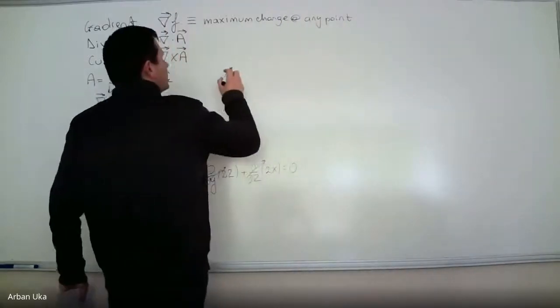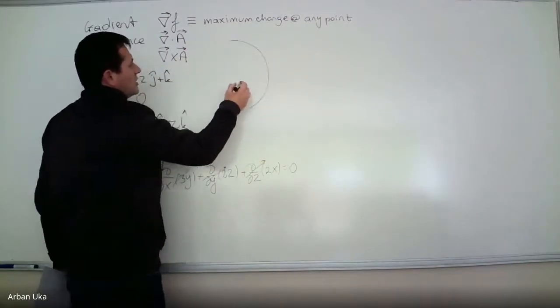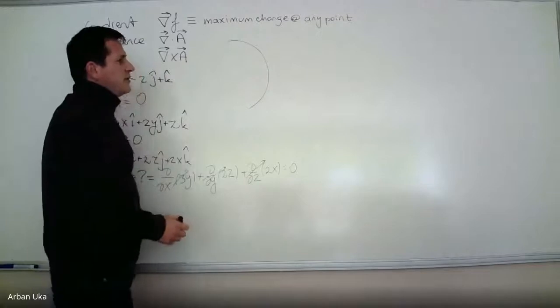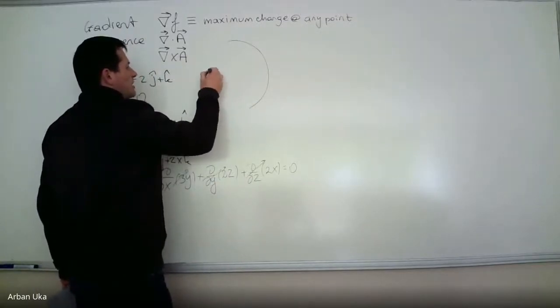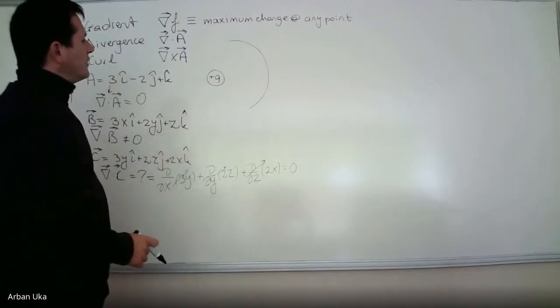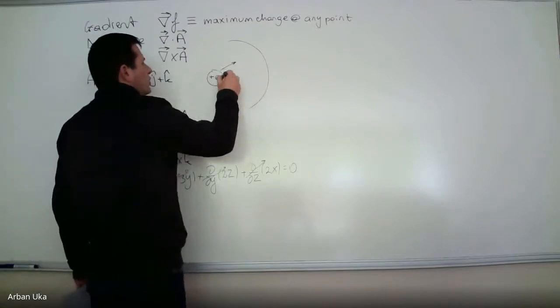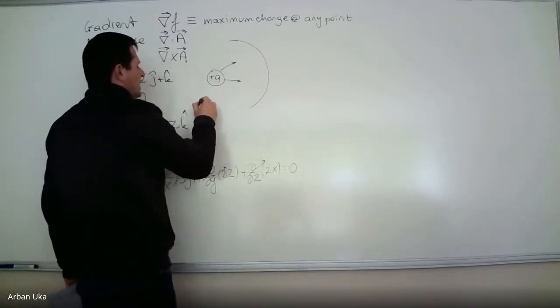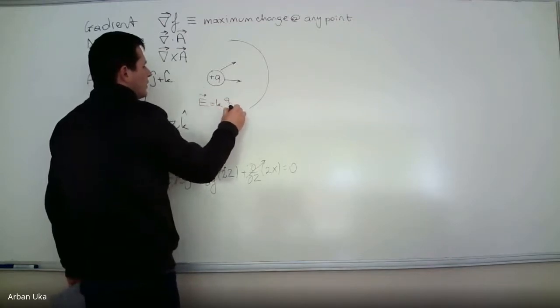Let's assume for a moment that we have a change in the electric field. How can we think of it? Let's assume we have a charge plus Q, and the electric field lines have a gradient in this direction. We know so far that the electric field is equal to kq over r squared.